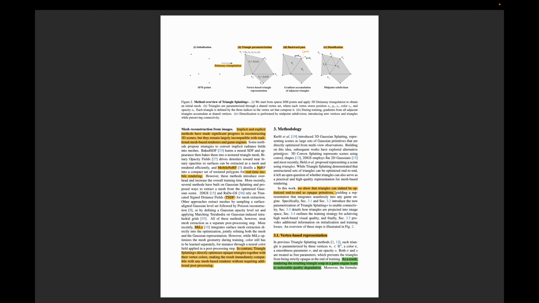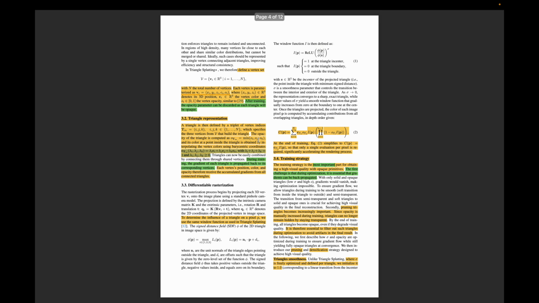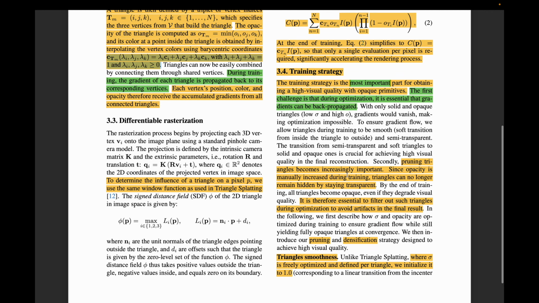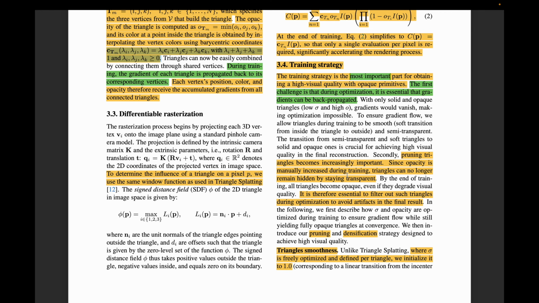What they also do is this: with triangle splatting, at the end of the training process, you have a set of semi-transparent triangles, a bit like semi-transparent Gaussians, but that's not desired in a mesh representation. So they have a specific training strategy that makes sure that at the end of the training optimization, all the triangles are opaque. You cannot directly optimize opaque triangles, and that's why it has been really difficult until now to optimize 3D meshes directly, because they are opaque.